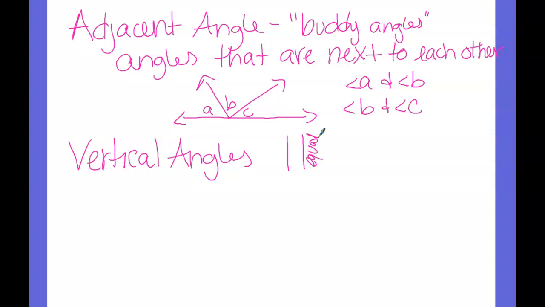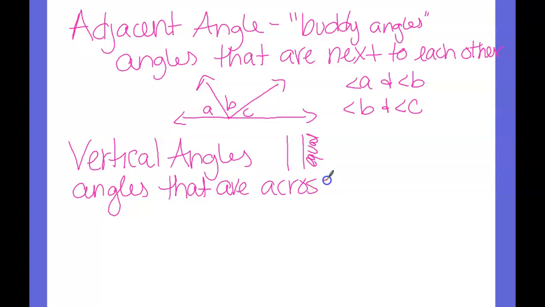Our definition is going to be angles that are across from each other and measure the same.